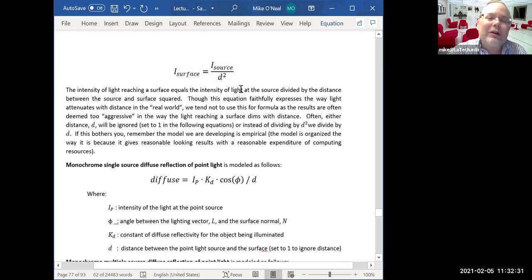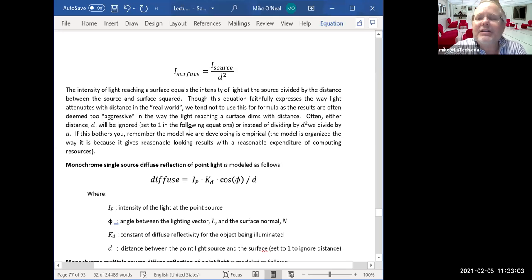So normally, if we're going to worry about distance, we normally just say divided by D. And again, physics doesn't work that way. Yes, I realize physics doesn't work that way. We're building a model. We said our model would cheat all over the place. This is just another way that we're cheating, okay? And most of the time, in my code and in the code you'll write, we just set D to 1.